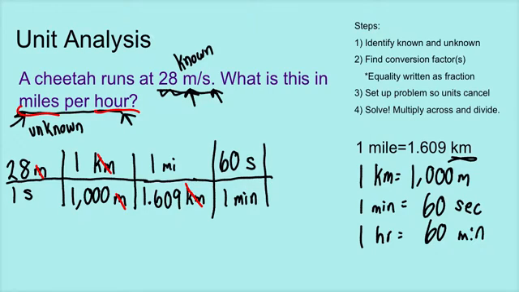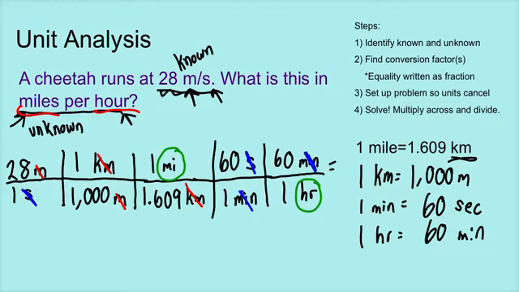Now these seconds here cancel out with these seconds here. I'm left with miles per minute. One more step. Minutes cancel out, so 60 minutes in 1 hour. Now the minutes and minutes cancel out. The units that I'm left with are miles over hour.